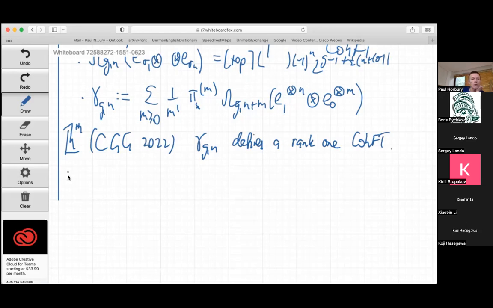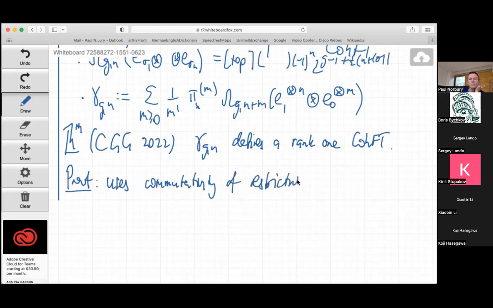And so the proof, I won't do this in detail, given that I want to get to the last 20 minutes, but if somebody asks about it, I'll go through this. The proof uses commutativity of restriction and forgetful maps, and the fact that we're taking the top degree term.